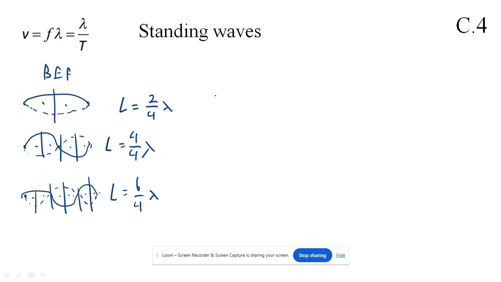The same thing applies if we have both ends open, which of course you can't do with a string, but you can do with a flute or a trumpet or something like that. It's both ends free. The end that's in your mouth is open, and the end of the horn that's away from you is open. So you have an antinode at each end, and a node in the middle.